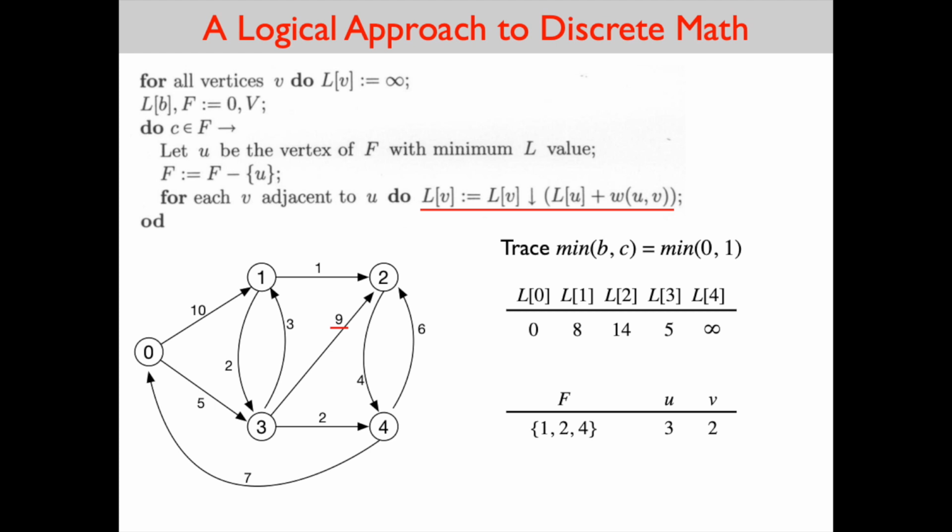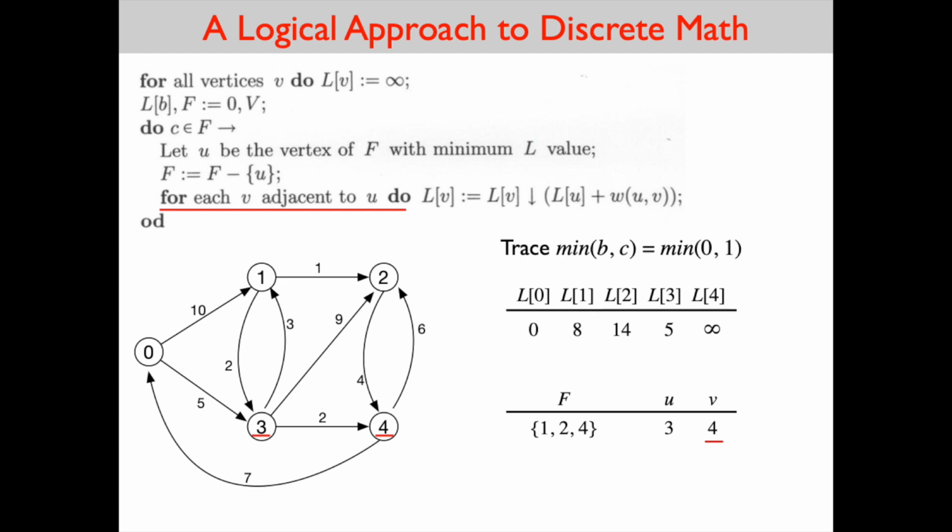Now, what is the next vertex that is adjacent to 3? Well, as shown on this slide, there is an edge from vertex 3 to vertex 4. And the cost of that edge is 2. So what's going to change this time? Well, the value of v is 4, so L sub 4 is going to change. Well, what's the current value of L sub 4?